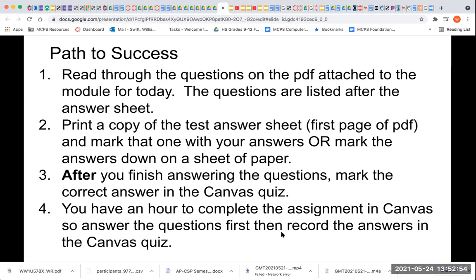All right, so once you do your whole test on the answer sheet, you're going to open up your Canvas quiz and you're just going to copy those answers into the problems that you see. They should match up. In quiz 1A, there are 33 answers. In quiz 1B, it seems like there are 36 answers. You have an hour to complete the assignment in Canvas. So answer the questions first, then record them in the Canvas quiz.